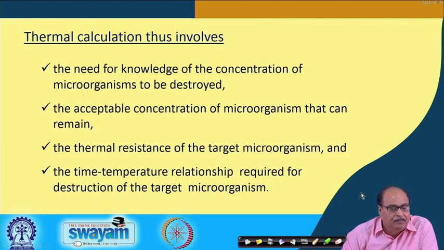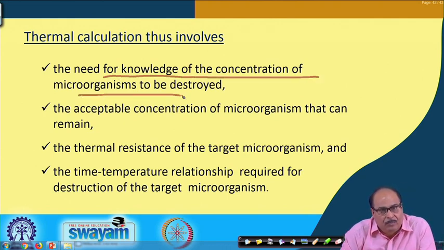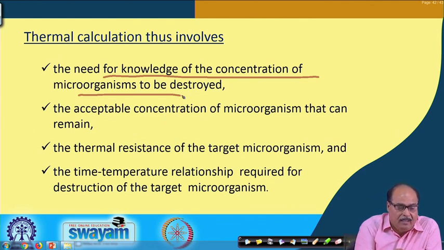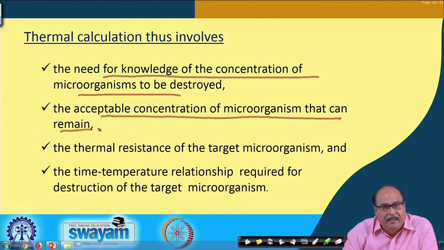So, the thermal process calculations involve the need for knowledge of the concentration of the microorganisms to be destroyed, and the acceptable concentration of microorganisms that can remain in the final product.